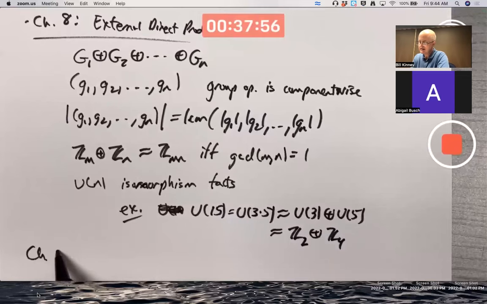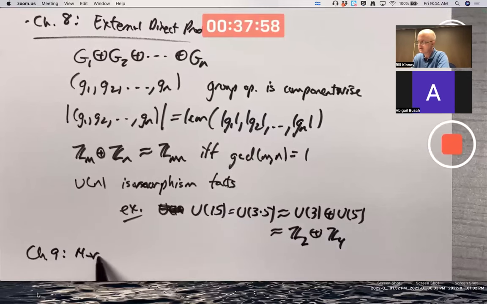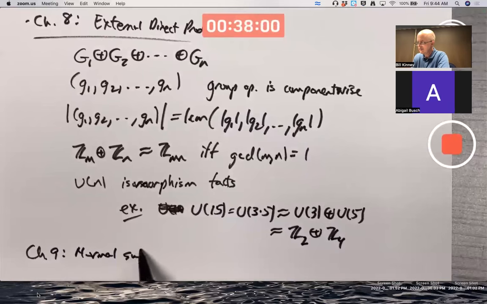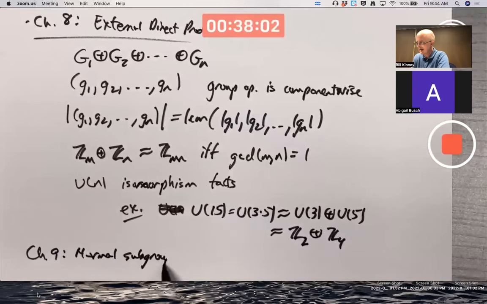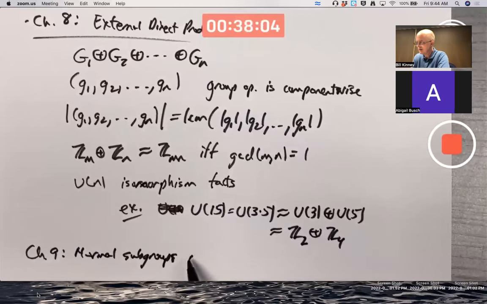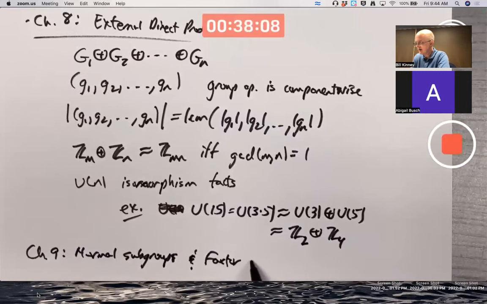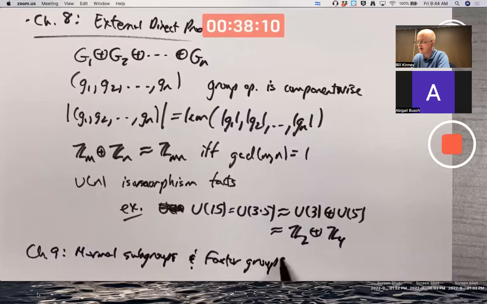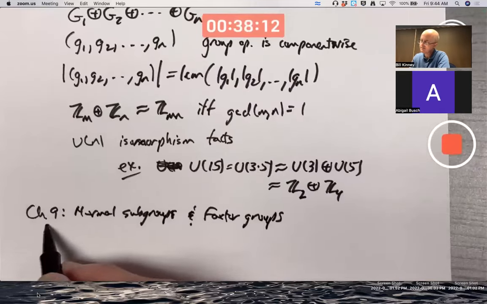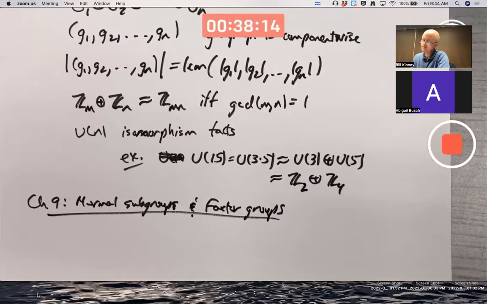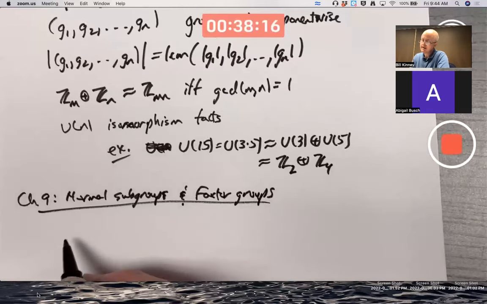Chapter 9, normal subgroups and factor groups. Our book calls them factor groups. Plenty of other books call them quotient groups. So there's the definition of a normal subgroup.